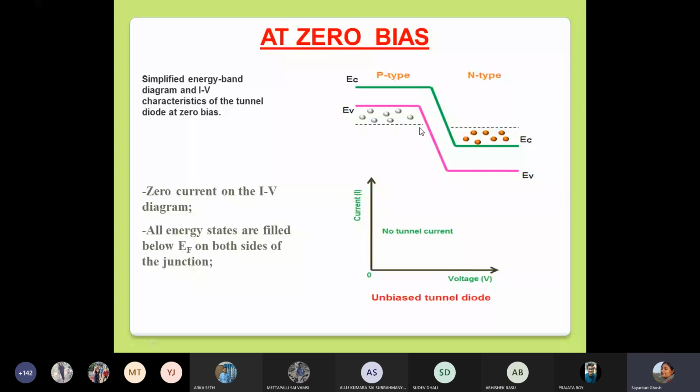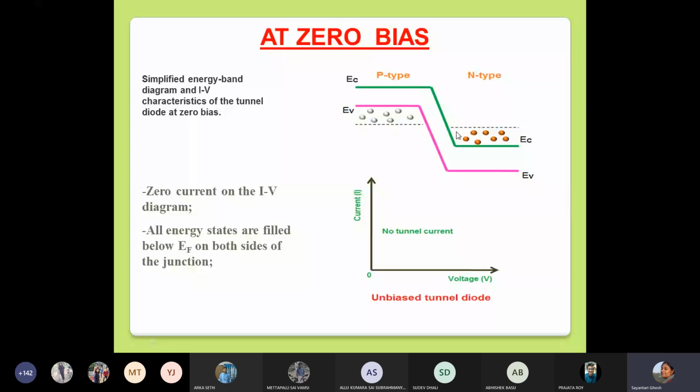So here the interesting thing to see is that the electrons and the holes are not able to see each other. See each other means that the holes are basically empty states, right? So electrons will crave to reach these empty states if they can see them, but here the Fermi level ends, so these states are not visible to these electrons.